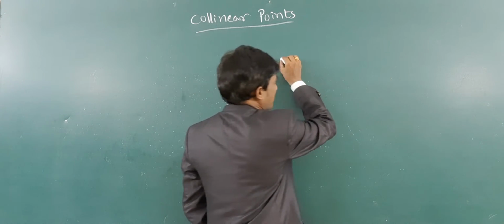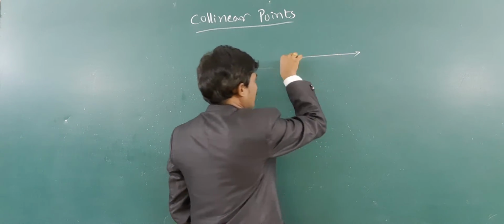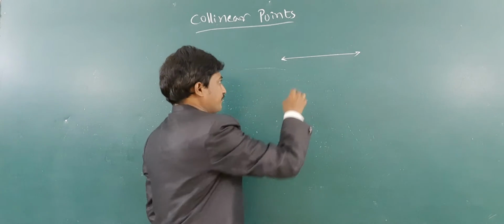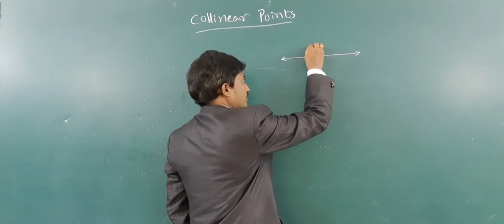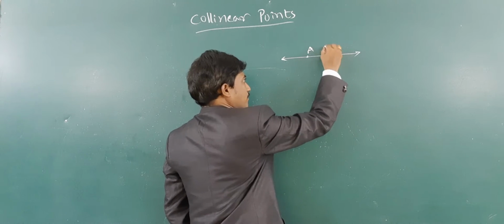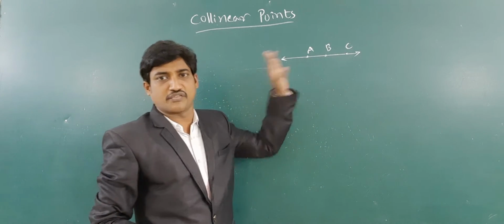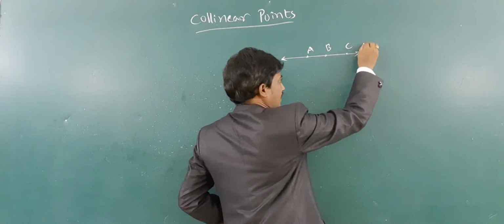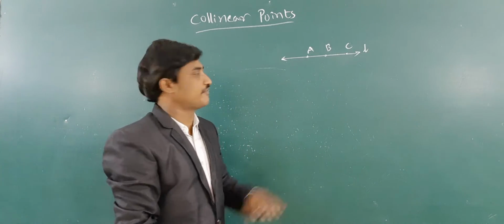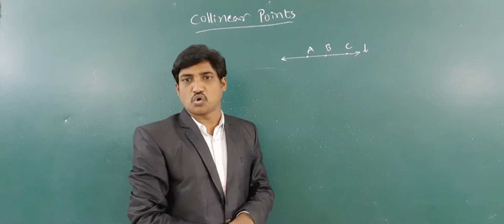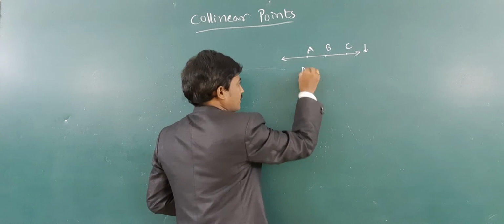I am taking 3 points A, B and C. If these 3 points A, B and C are on the same line L, then we can call A, B, C collinear points.